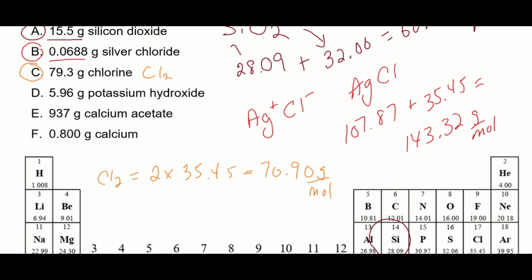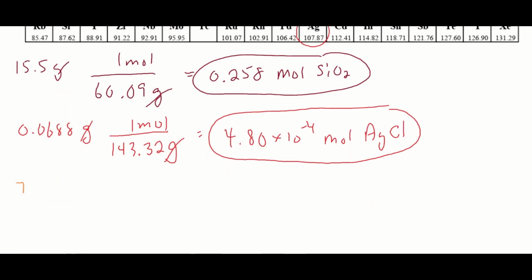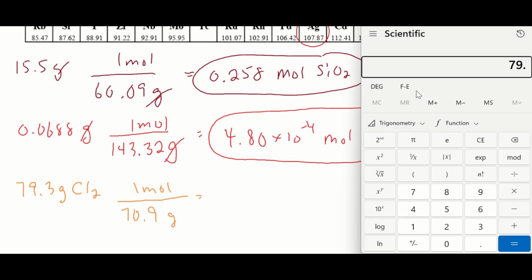So the molar mass for chlorine is 70.9. Let's convert 79.3 grams to moles. So 1.12.